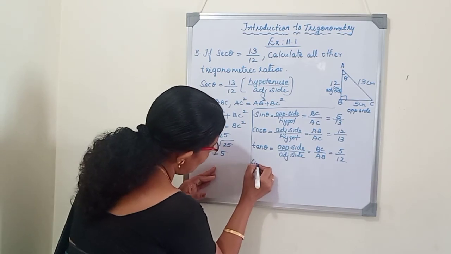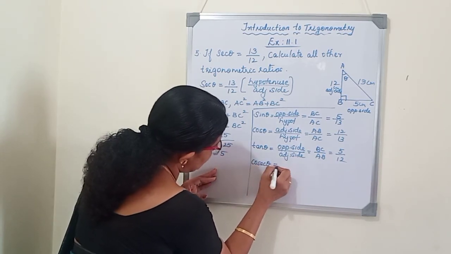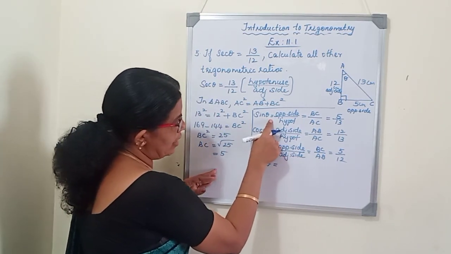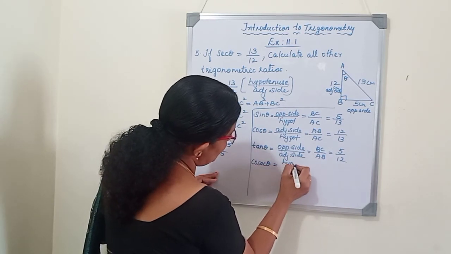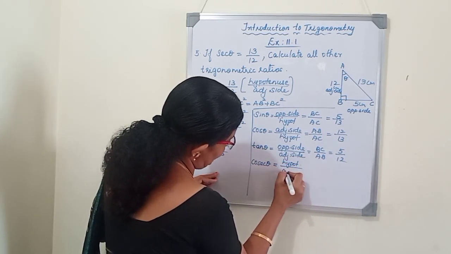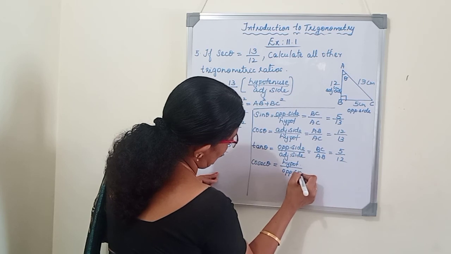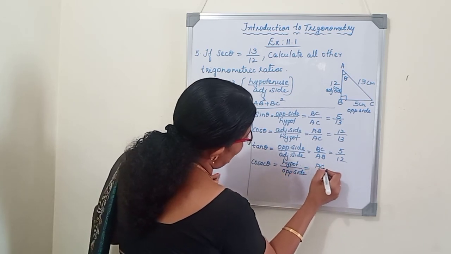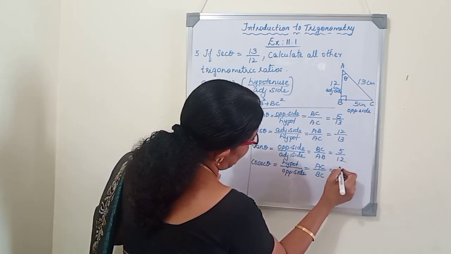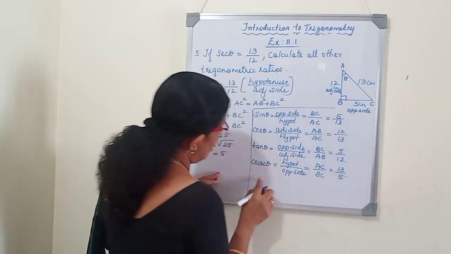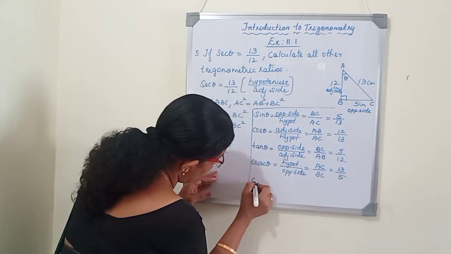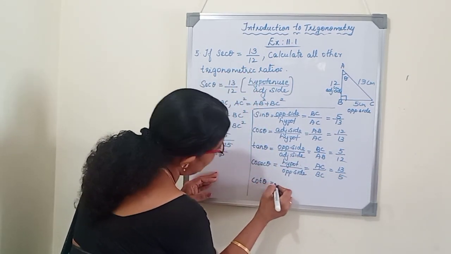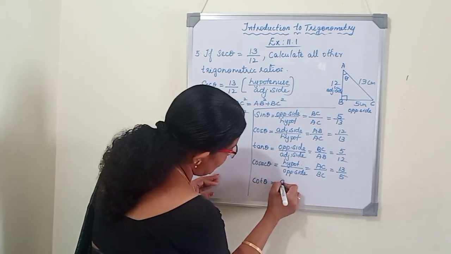Now cosec theta. Cosec theta is equal to reciprocal of sin theta. So here hypotenuse by opposite side. So we will write AC by BC, that is 13 by 5. Sec theta is already given. Now the last one is cot theta, the reciprocal of tan theta.